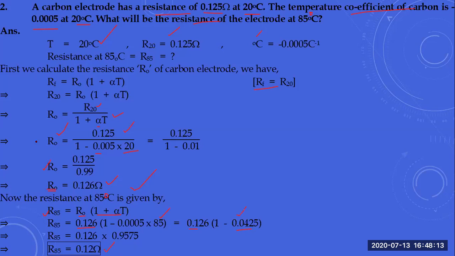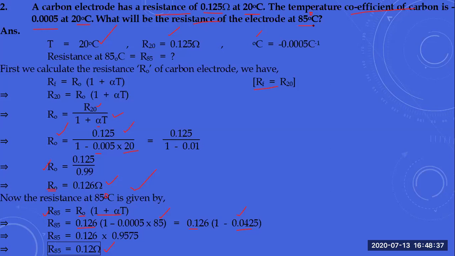If you look back again, the carbon electrode has a resistance 0.125 at 20 degrees, and you are asked for its resistance at a higher temperature. The temperature coefficient of carbon is given at 20 degrees Celsius. What will be the resistance of the electrode at 85?